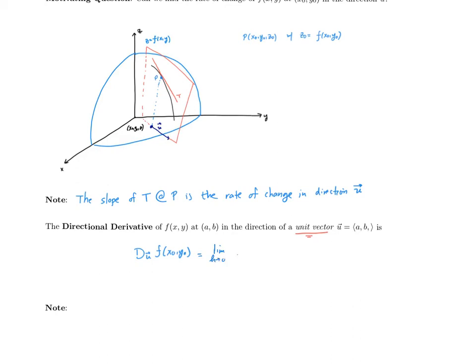It's a limit of a difference quotient. So f of x0 plus ah, y0 plus bh, minus f of x0, y0, all divided by h, where these quantities x0 plus ah and y0 plus bh are indicating we're calculating that rate of change if we go in the direction of the unit vector given by a, b. And this is the directional derivative as long as the limit exists.